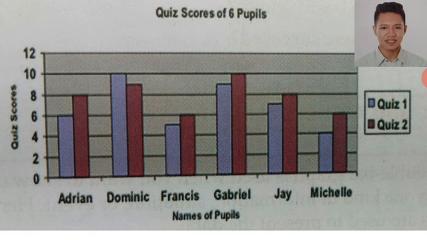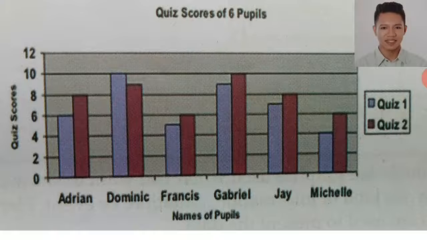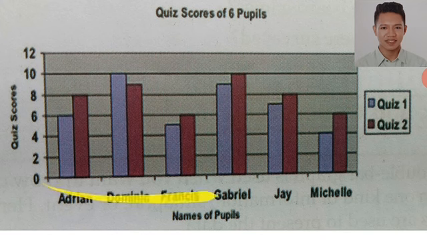Since the lowest score is 4 and the highest is 10, we can plot all the given scores. In the horizontal axis, the names of the 6 pupils: Adrian, Dominic, Francis, Gabriel, Jay, and Michelle.